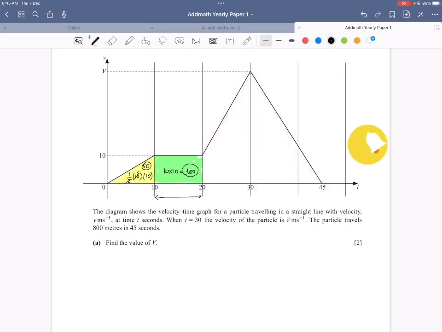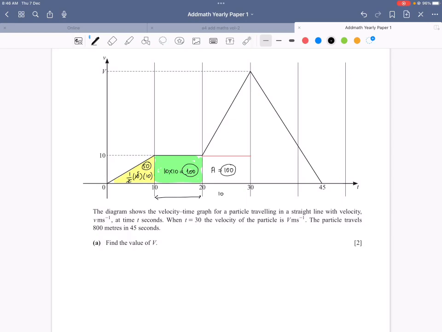What we will do, we will construct a line here like this, because we have the value for x here and for y as well. Now the area for this part is, again, a rectangle, so base is 10 and height is 10, so area equals 100 for this part as well.